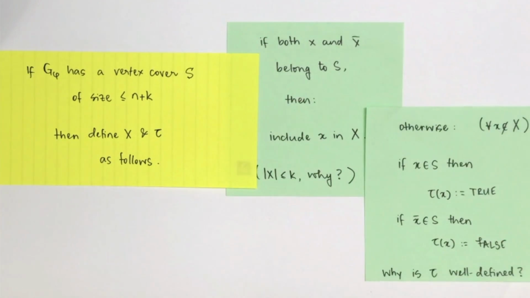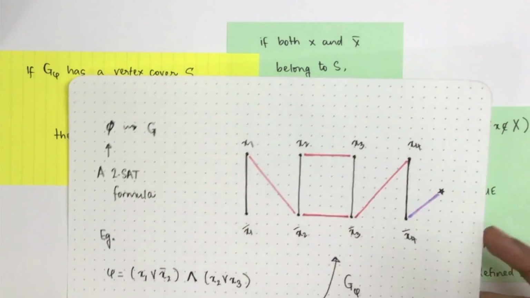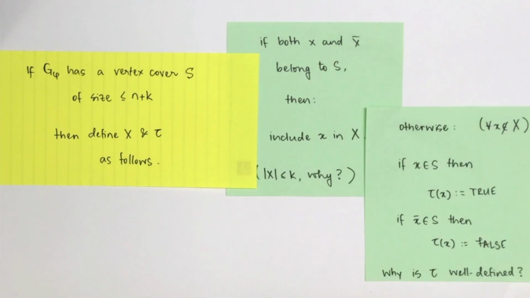So this, in fact, right here is a witness for why phi minus x admits a satisfying assignment. The reason this is a satisfying assignment is that if it wasn't, and if there was a clause that was left over, then the leftover clause which did not get satisfied would correspond to an edge in this graph that was not covered by our vertex cover, and that would be a contradiction.